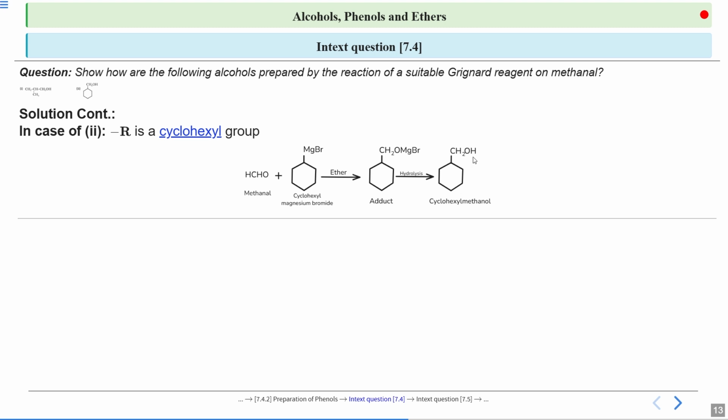So you get this when your R is a cyclohexyl group. This is how you saw that when you take formaldehyde and react it with a Grignard reagent, and then treat it with hydrolysis, you get an alcohol. Whenever you are getting an alcohol, you will see that the OL suffix is used in the case of alcohols.